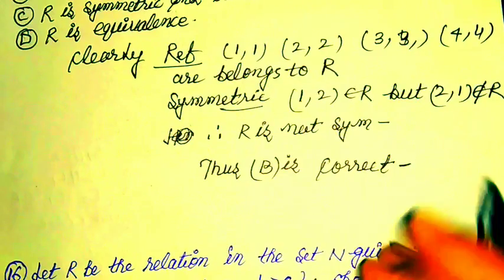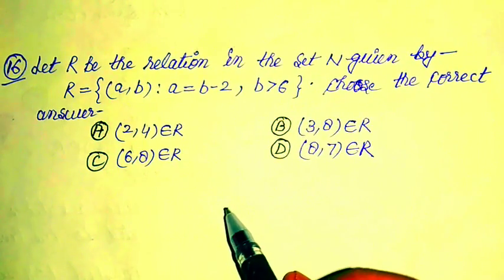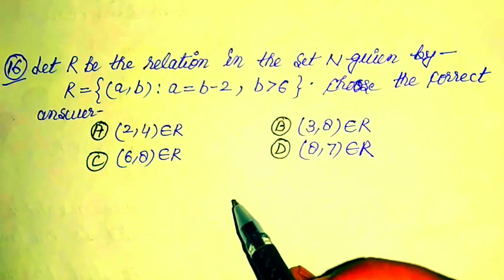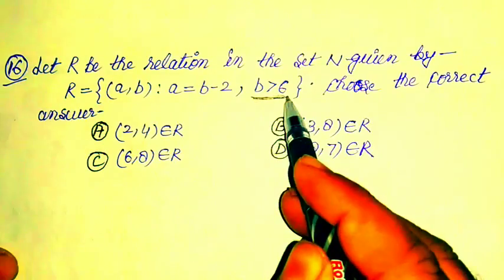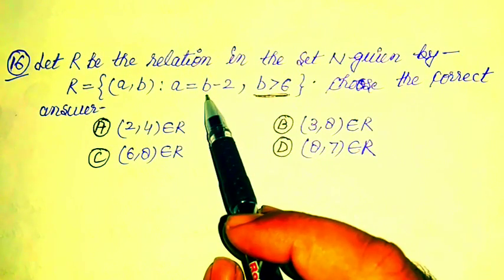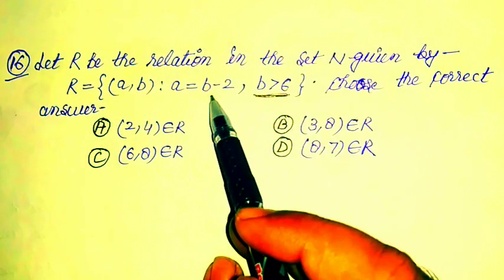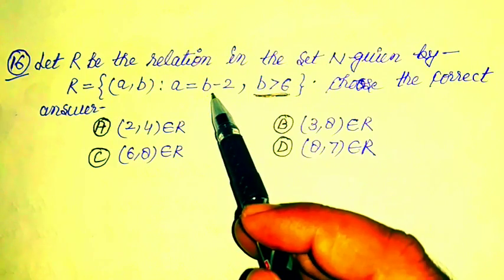Now move to the next question, question number 16. Let R be the relation in the set of natural numbers given. Choose the correct answer here. So we need to put a value of b greater than 6. If we write 7, we will get 5, and (7,5) is not here.